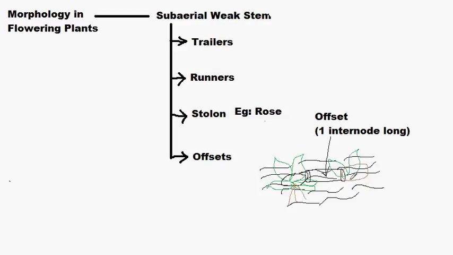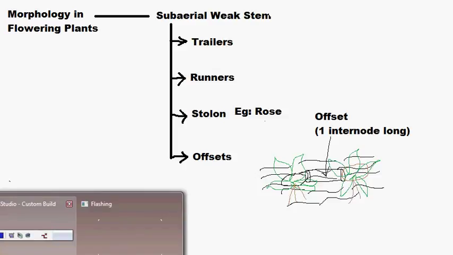Okay, I hope it is not very bad. A rosette pattern like this of leaves, and then a rosette pattern of leaves, and then the roots will develop from there. Okay, so this structure is called the offset.